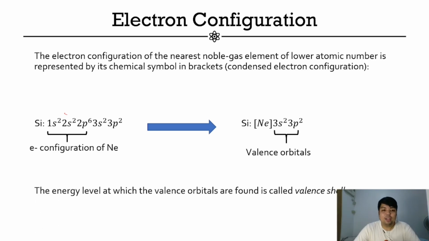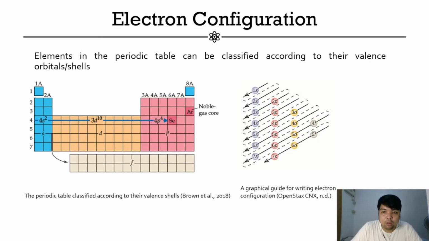Now the valence shell that I mentioned earlier is actually the energy level, or the n, of that valence orbital. Elements in the periodic table can be grouped according to their valence orbitals or shells. This is important because their chemistry and their properties are because of their valence orbitals.